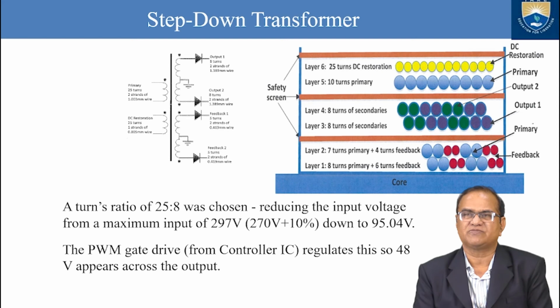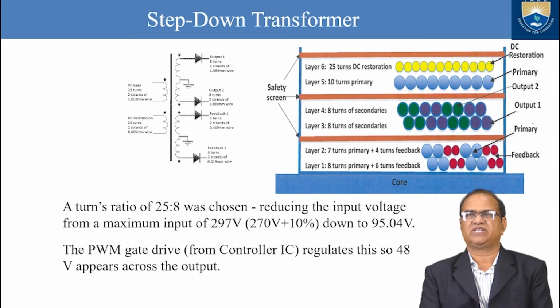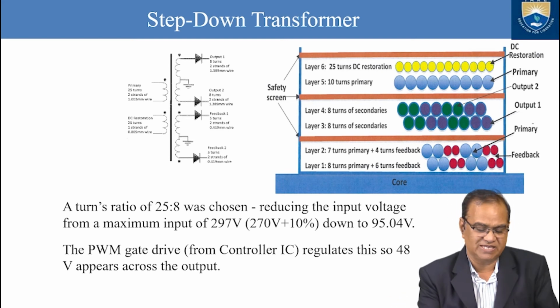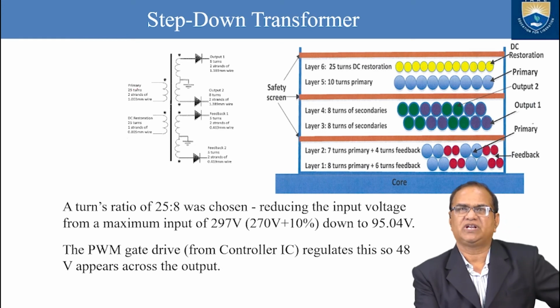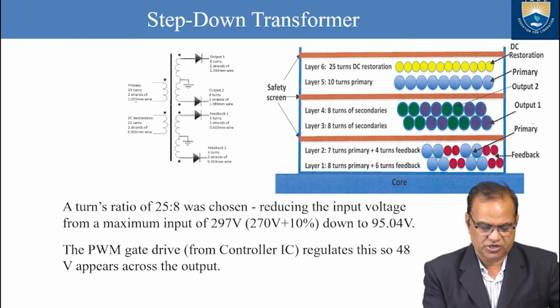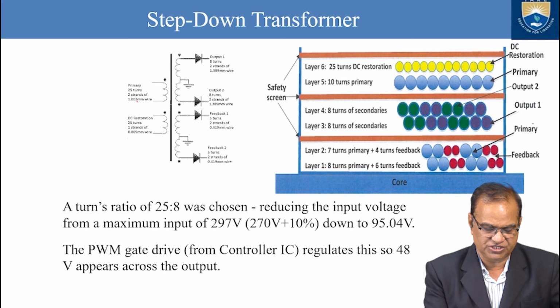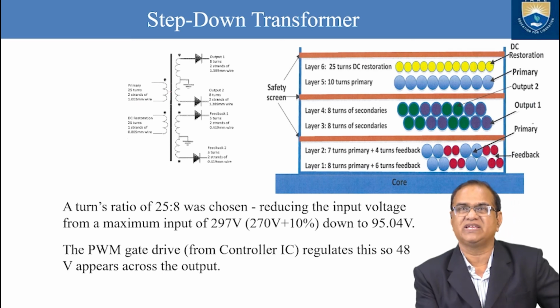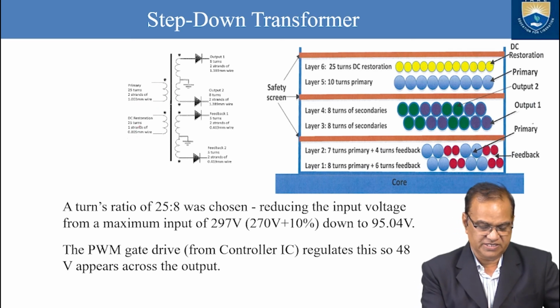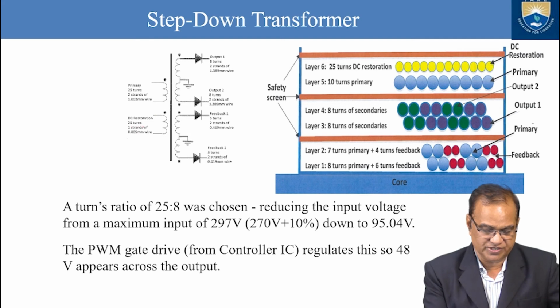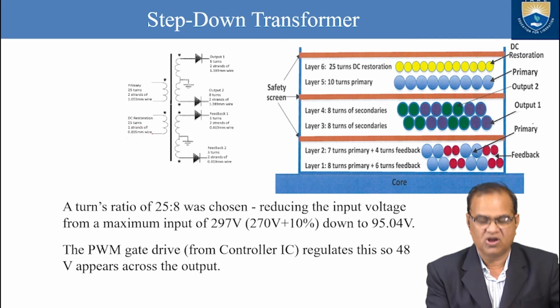Here step down transformers are used for this thing. As you can see here, the primary has 24 turns, 2 strands of 1.003 millimeter wire, and here DC restoration has 25 turns, 1 strand of 0.805 millimeter wire.